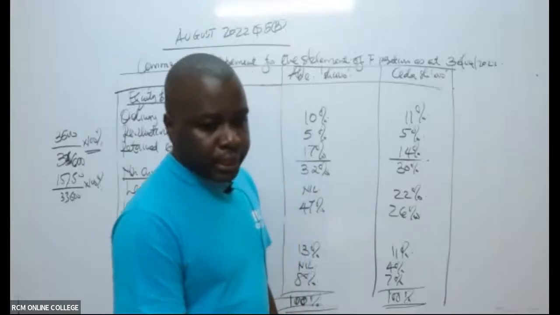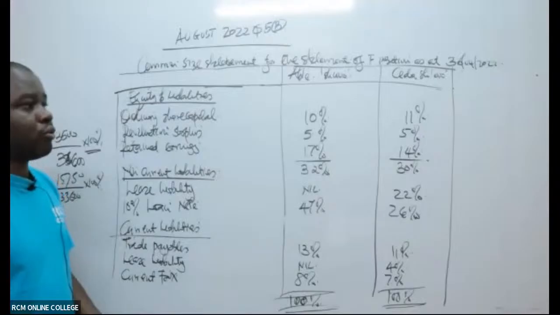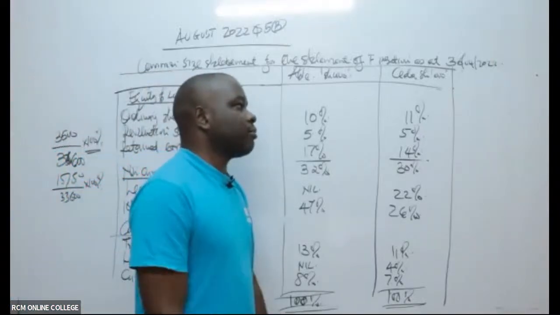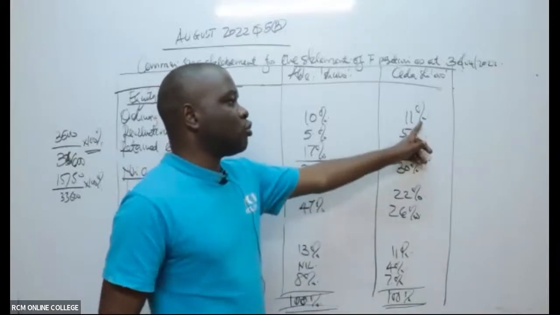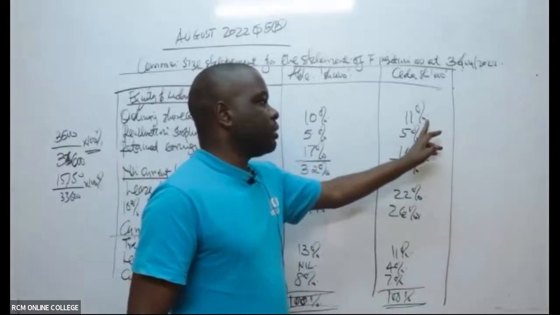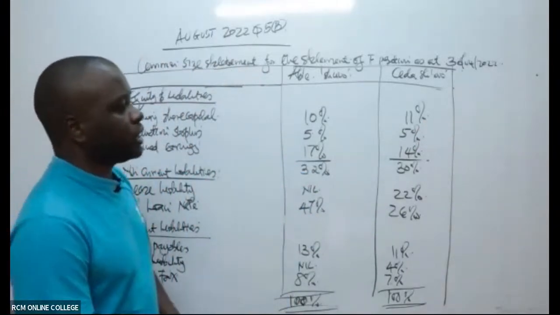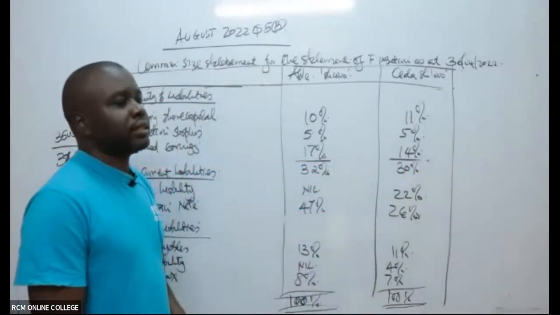So, is it right to round off in an exam situation? There's no problem to round off in an exam situation. Probably some of the percentages you might have ended up getting have so many decimals, so you cannot write all the decimals here, but you can round off to the nearest figure.